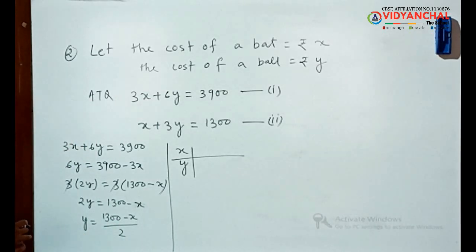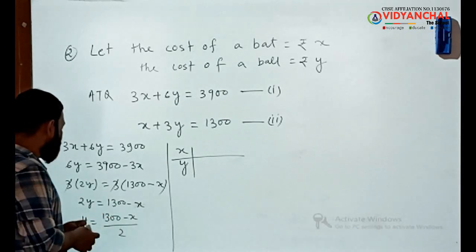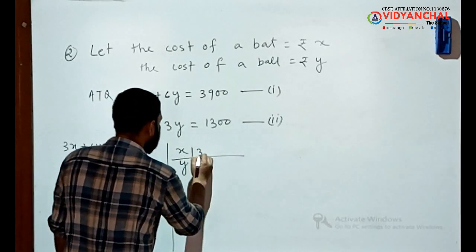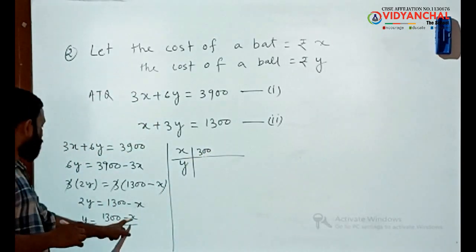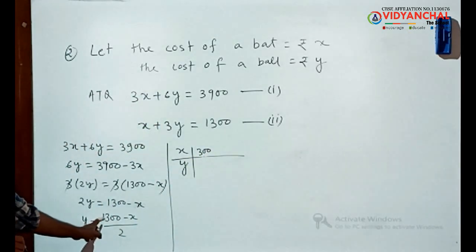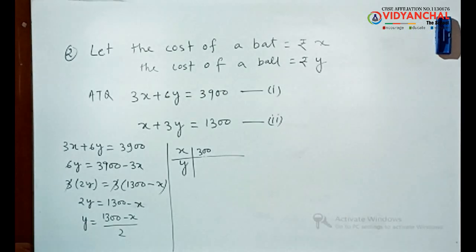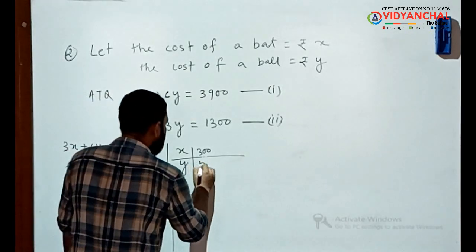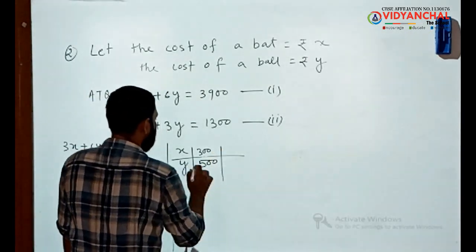So now we will put those values. Let's take x equal to 300. If we take x equal to 300, then y will be 1300 minus 300 is 1000, 1000 upon 2 is 500.